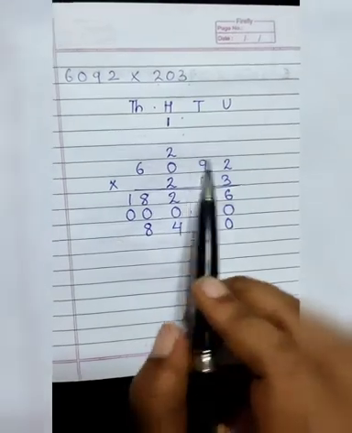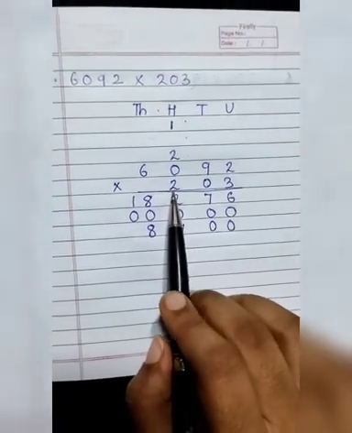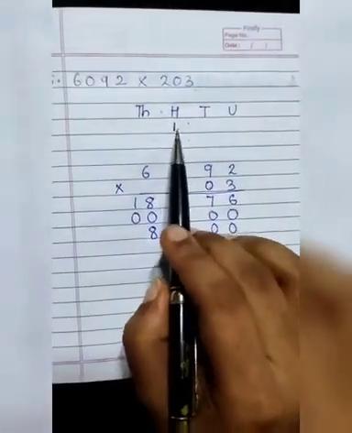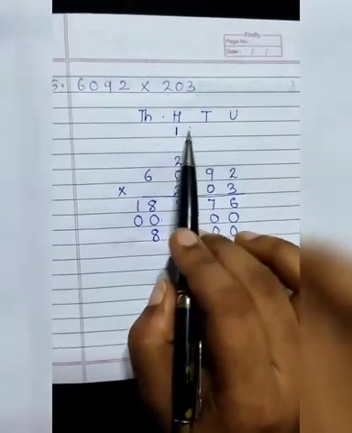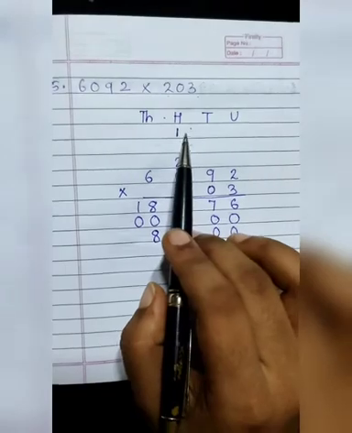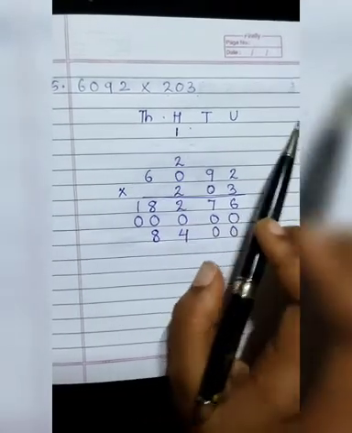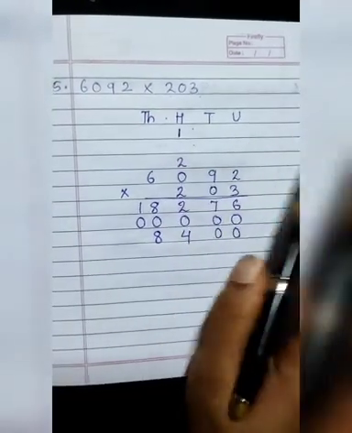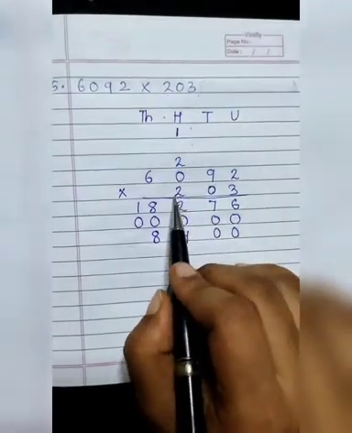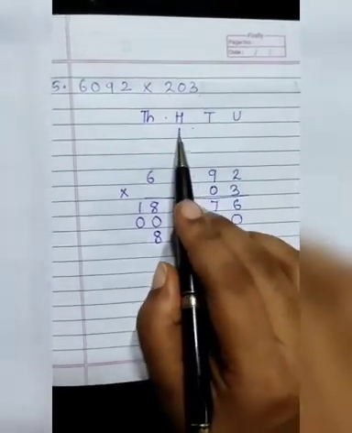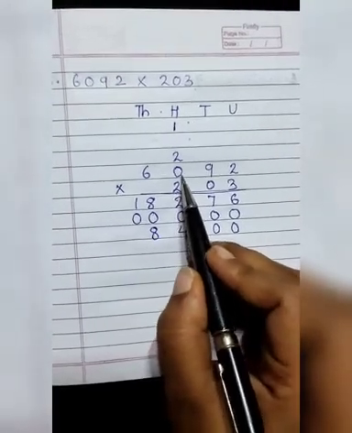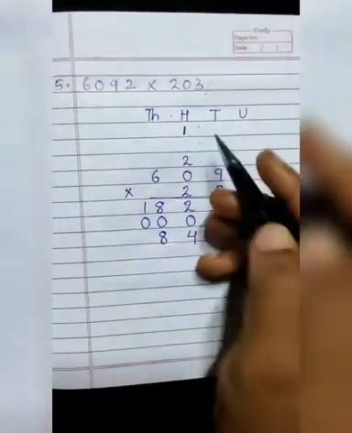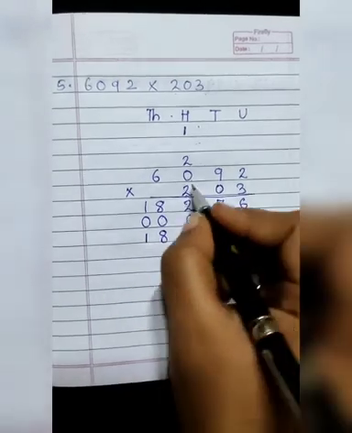Always remember, students, if you are multiplying the third number, you will do the carry on the third line only. So it will be easy for you to do the addition, because you will be confused if you will put here down only. So always put whichever number you are multiplying, put the carry on that line.